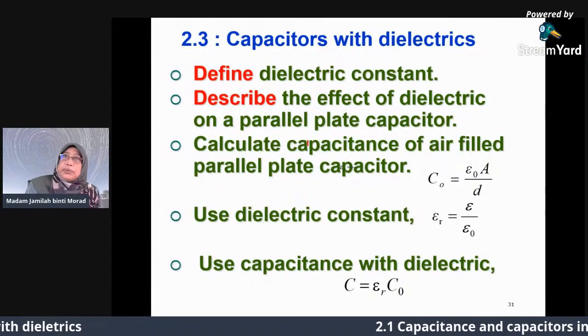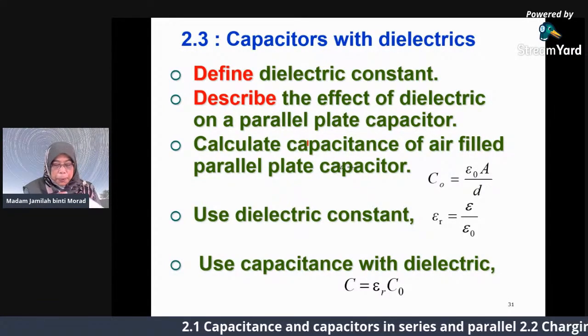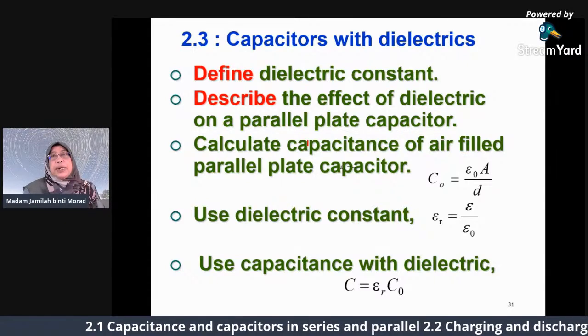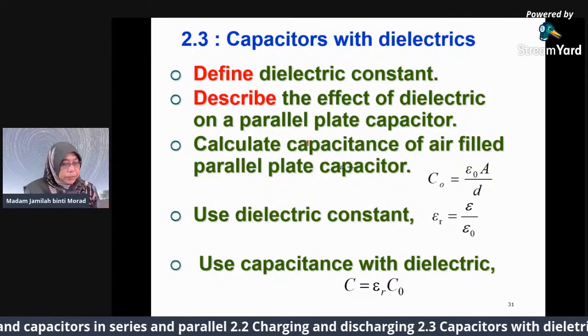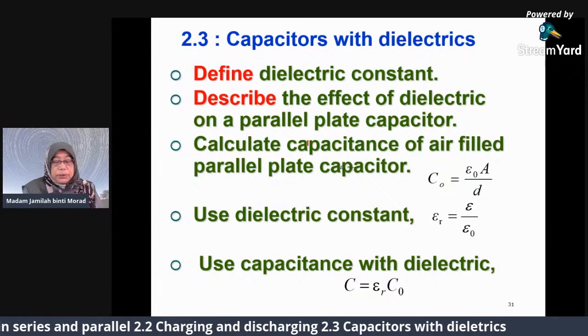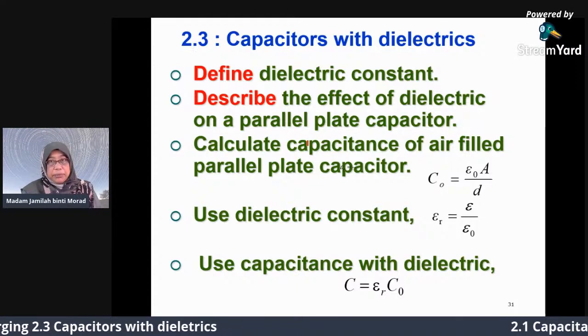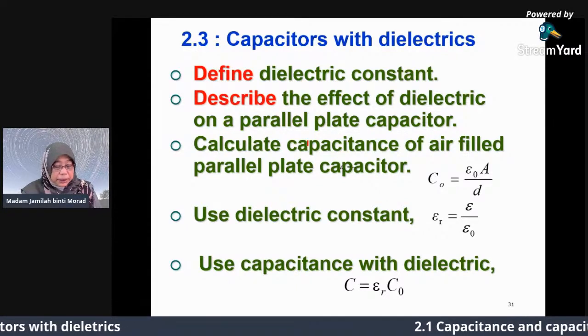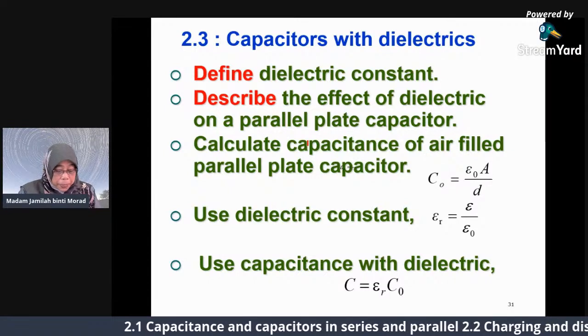Okay, next we come to subtopic 2.3, capacitors with dielectric. For this subtopic, define dielectric constant. You have the term dielectric here, I will explain later. Describe the effect of a dielectric on a parallel plate capacitor.